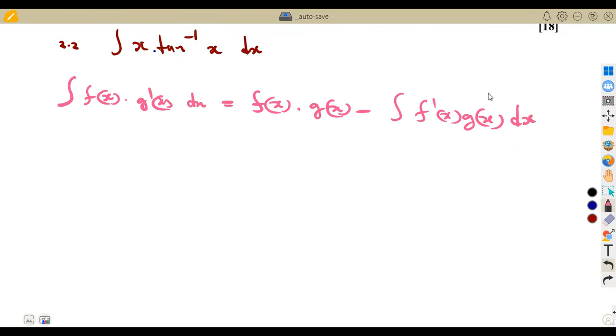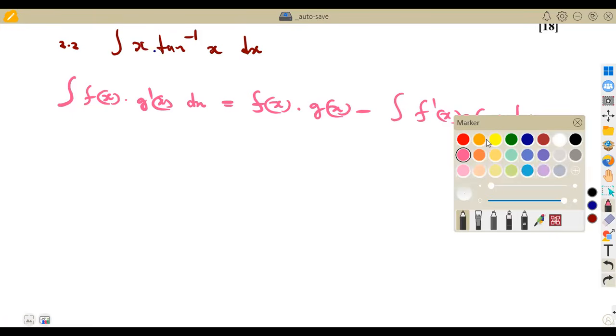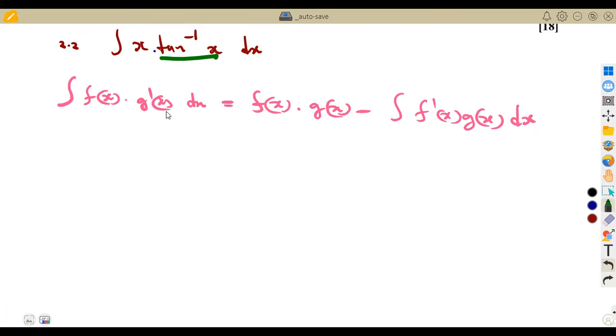All right, on this formula, f of x is something that we can differentiate, and it is difficult, in fact, for us to integrate arctan. So it is best for us to choose arctan to be our f of x, because we can't integrate this part. So if our f of x is equal to arctan x, therefore g prime x dx, the remaining part, is x dx.